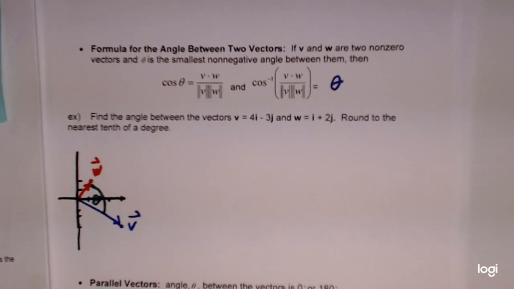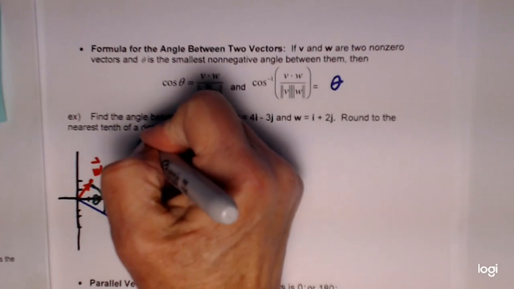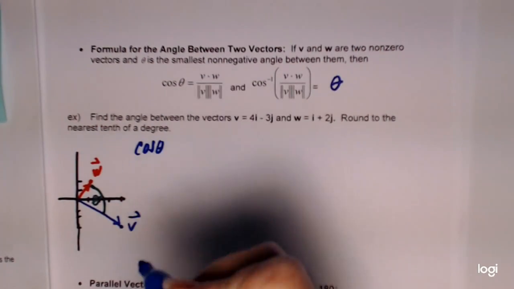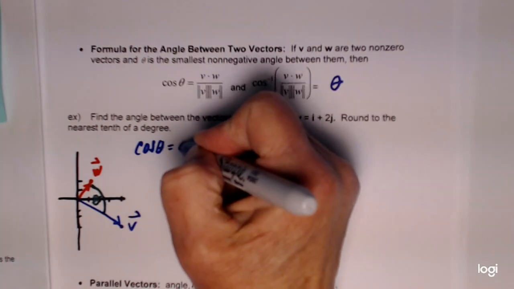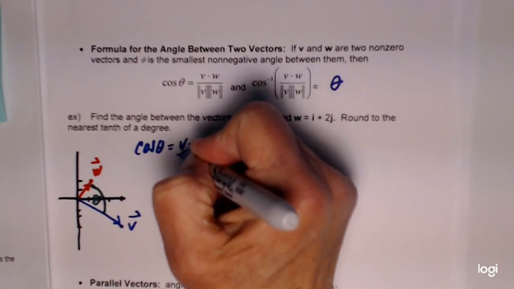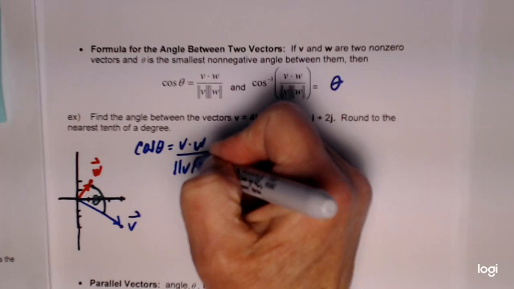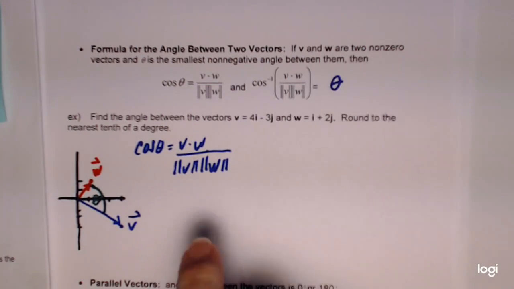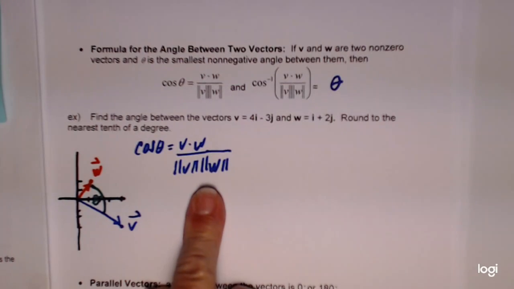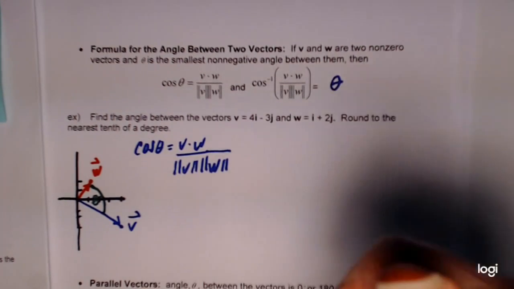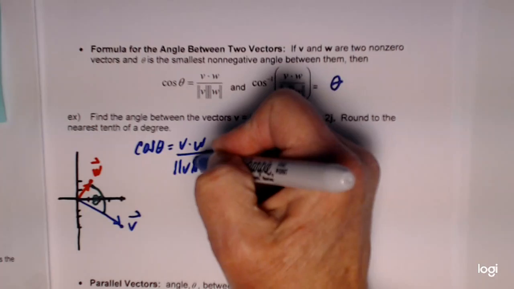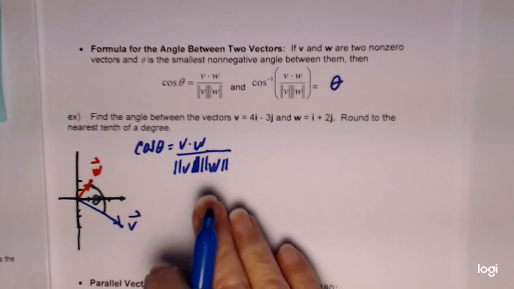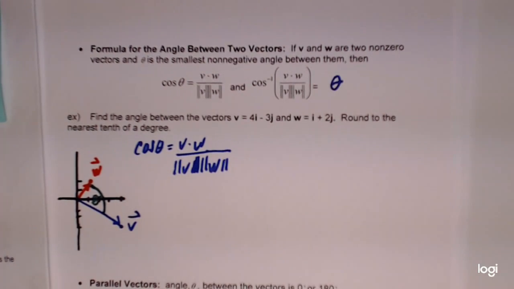So just to rewrite the formula, we have that the cosine of this angle theta is v dot w over magnitude of v, magnitude of w. So I've just rewritten the formula down. And now we're going to need to find this information. All those bars certainly make that kind of messy looking, don't they?